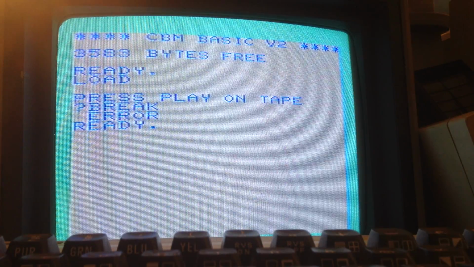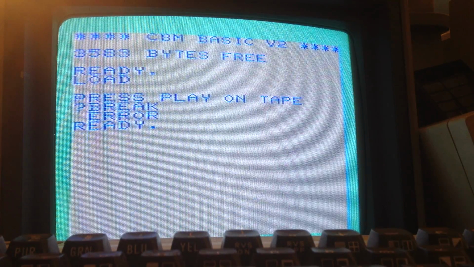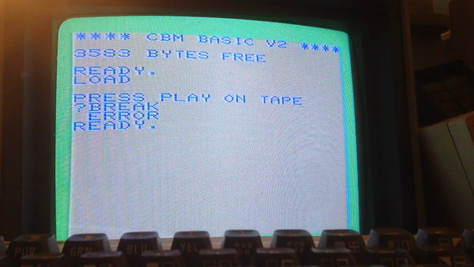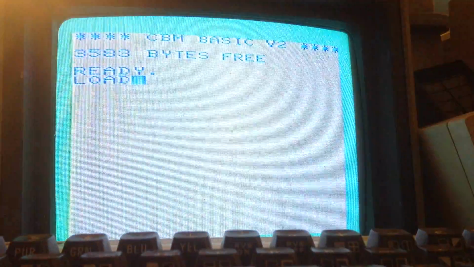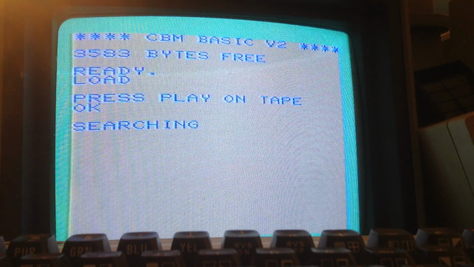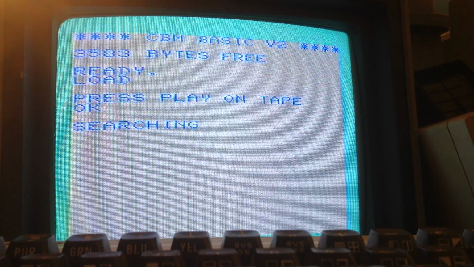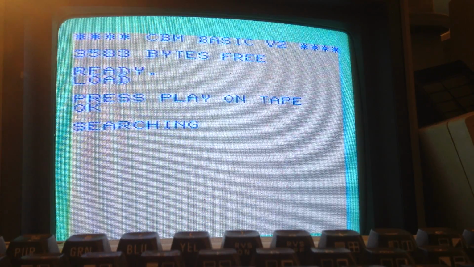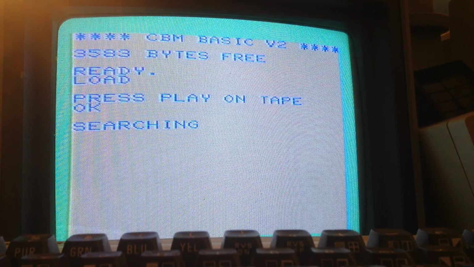So basically what that looks like is it's supposedly loaded, but it didn't. We'll reset again. And this time, instead of the Shift Run Stop, I'll type in load. And we'll press play. And we will see what happens. Very strange. Very strange indeed.